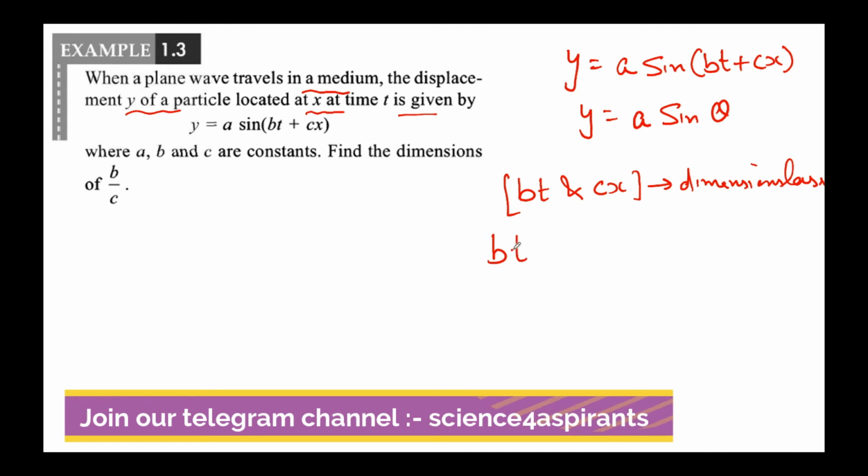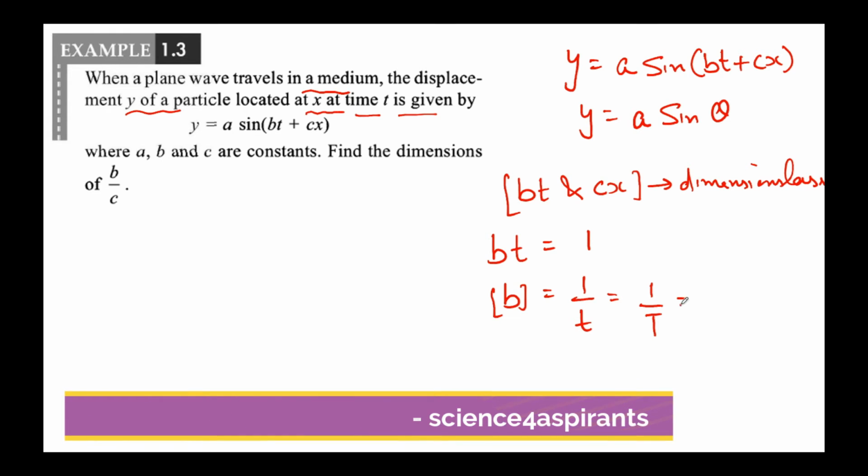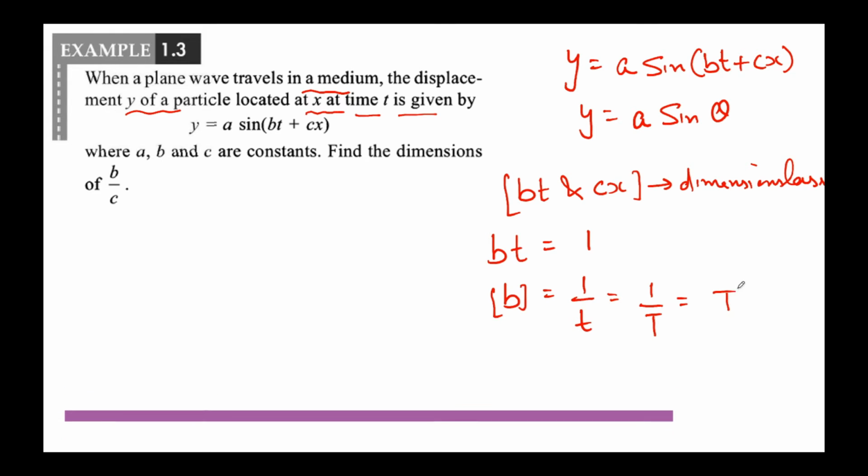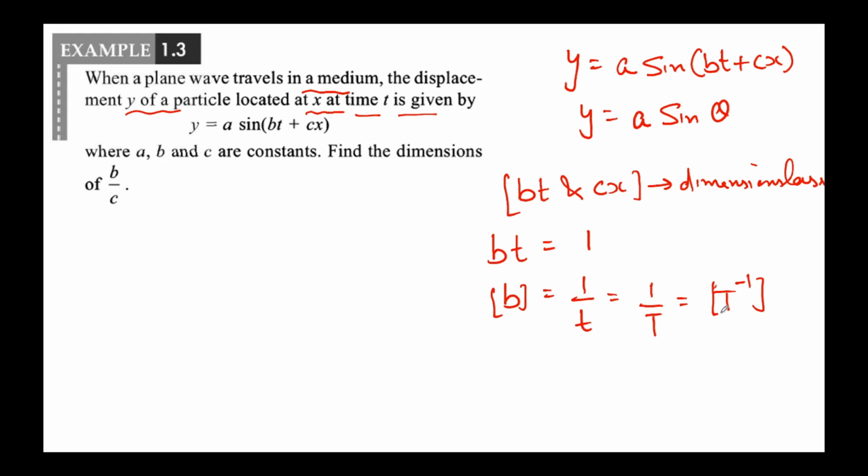So for b t, any dimensionless parameter is considered as a constant value which is equal to 1, and from that the dimension of b will be equal to 1 over t, and t is time. So the dimension of b comes out to be equal to t raised to power minus 1.